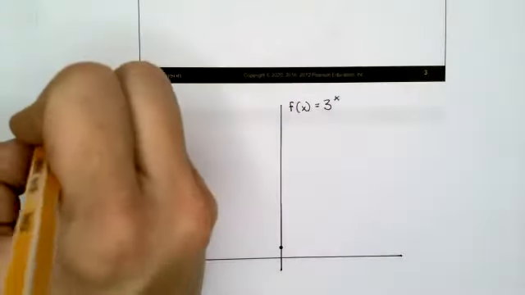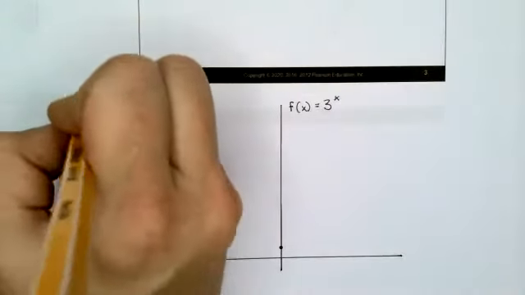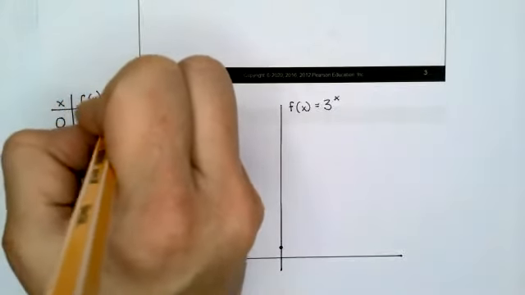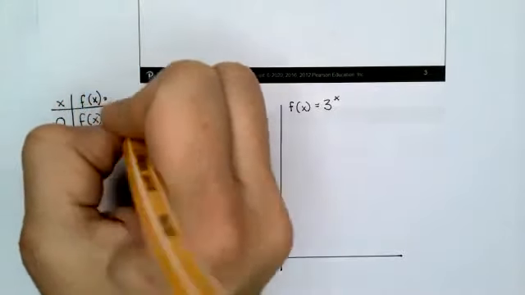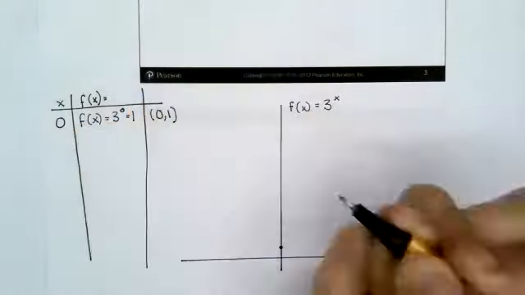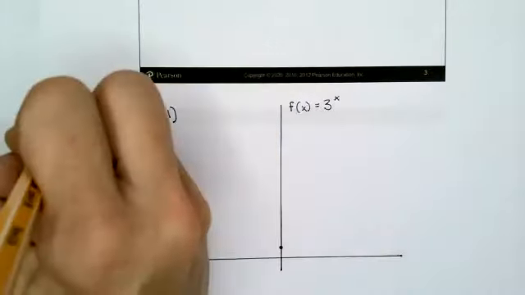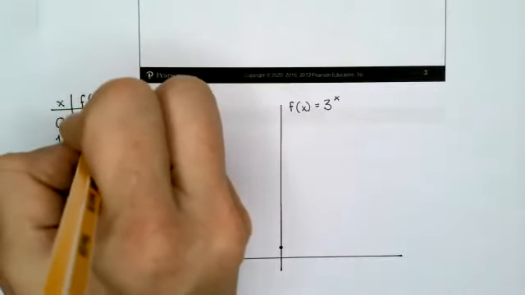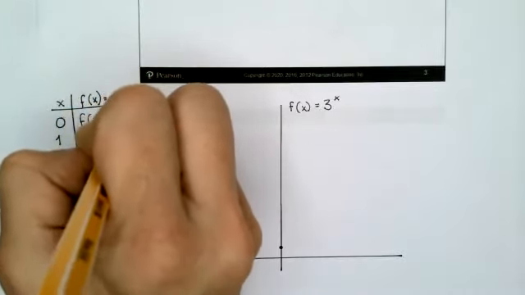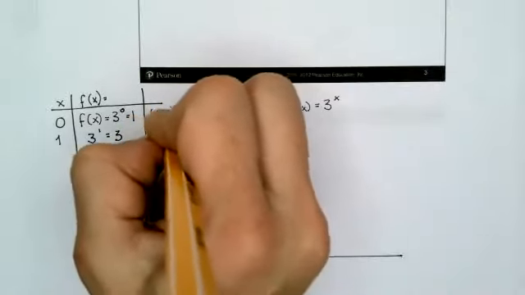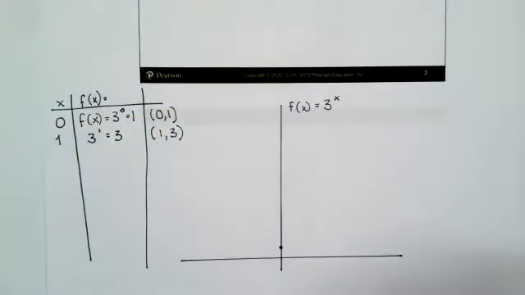So I know that when x is 0, f of x is 3 to the power of 0, which is 1. So my ordered pair is (0, 1). We can also ask, what is it when x is 1? Then we have 3 to the power of 1, which is 3. So my ordered pair is (1, 3).